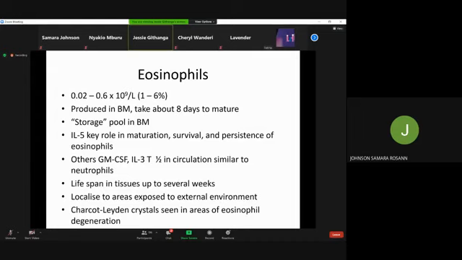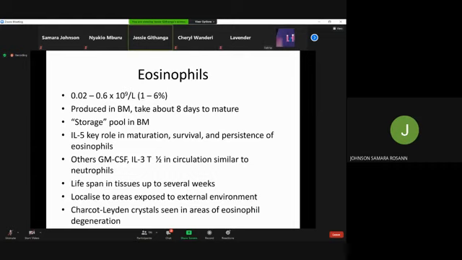Other cytokines that are involved are granulocyte macrophage colony stimulating factor, interleukin-3. And the half-life, sorry, that has run into each other, but this was to talk about the half-life.